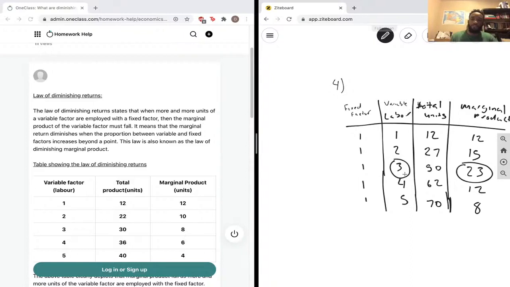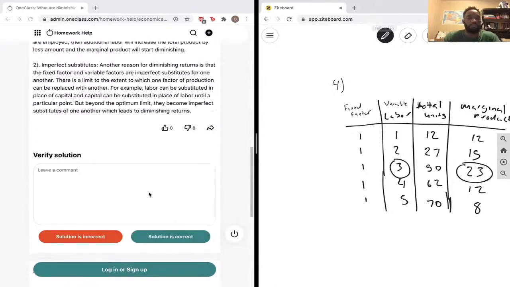After 3 units of labor, you start to see that it diminishes. So it doesn't increase from 23, but it decreases to 12, decreases to 8. Eventually it becomes negative. So I'd say it's correct.